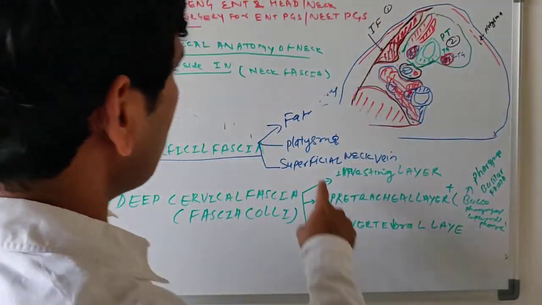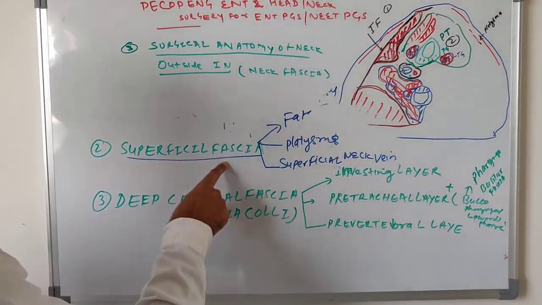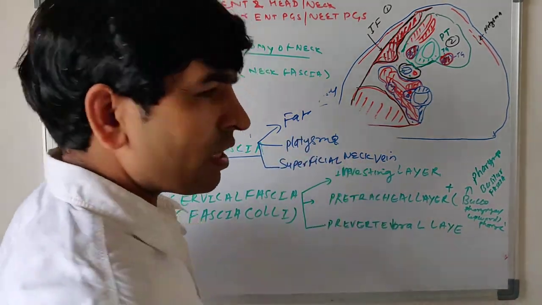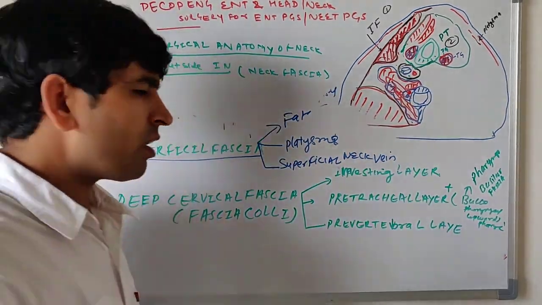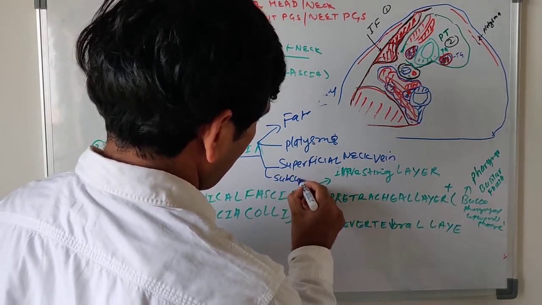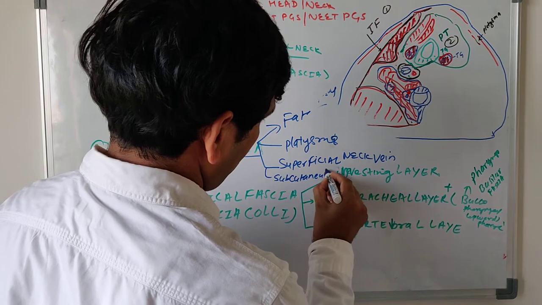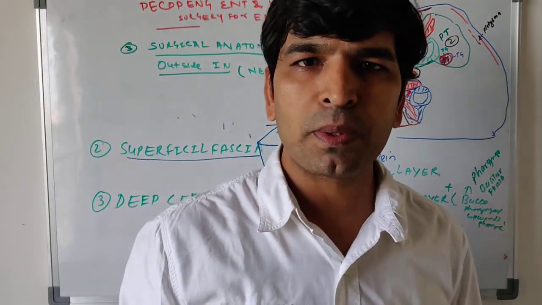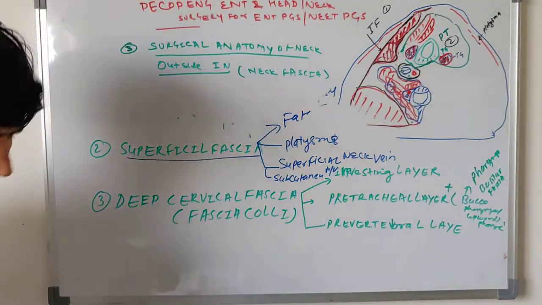So the superficial fascia of the neck contains fat, platysma, superficial neck veins, and subcutaneous nerves and veins. Okay, these are the contents of the superficial fascia of the neck.